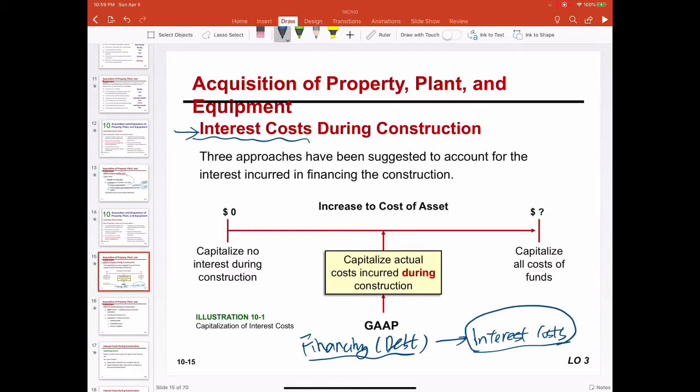Again, we have multiple approaches. One is no interest cost. The other is all the interest cost incurred during this construction period. But according to GAAP, we should capitalize the actual cost incurred during the construction. So we are going to look for the actual interest cost incurred during the construction period.